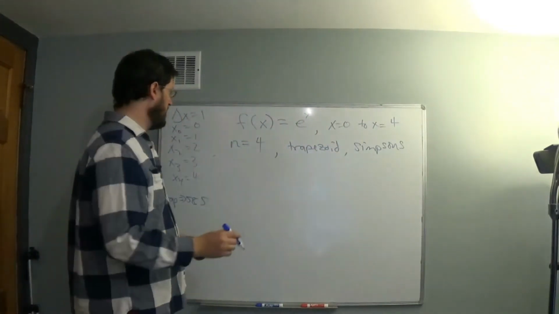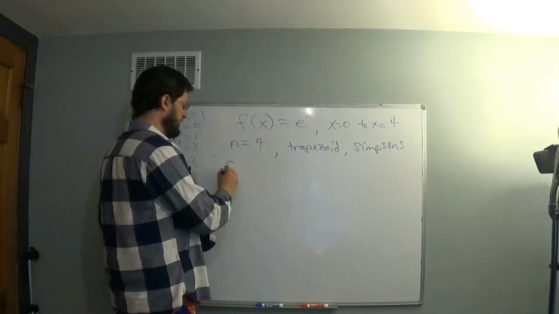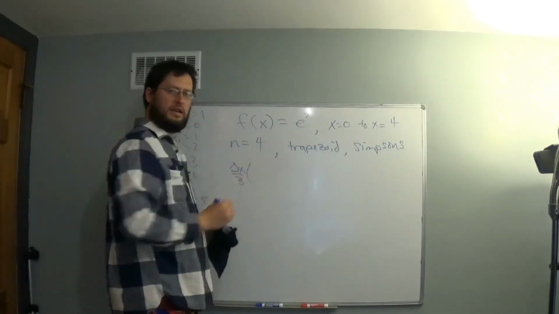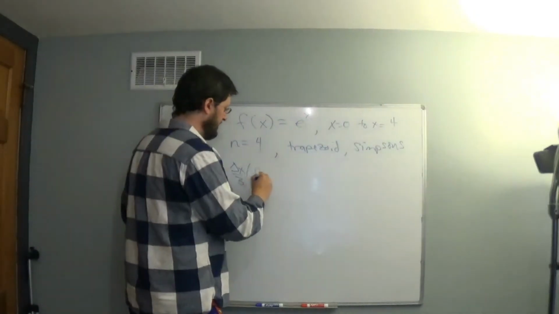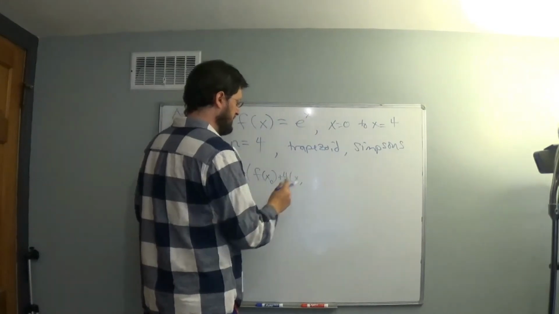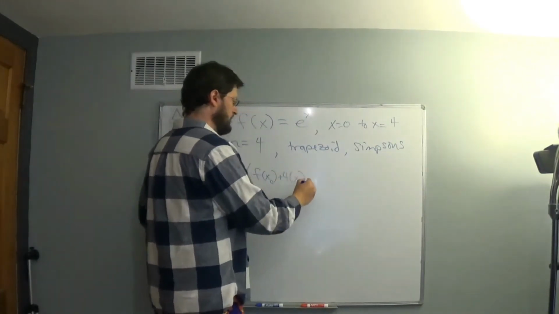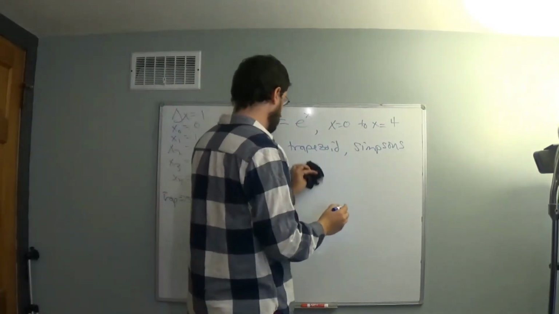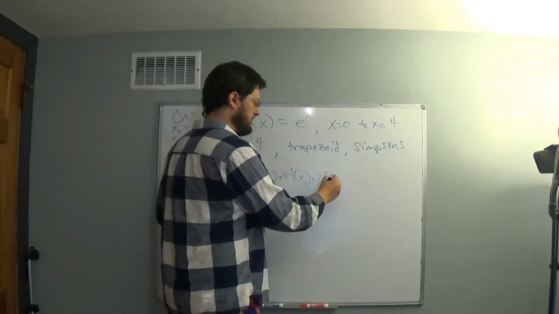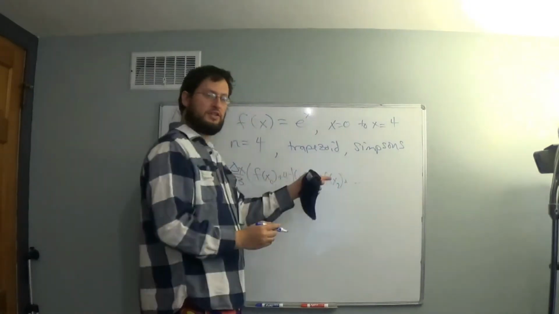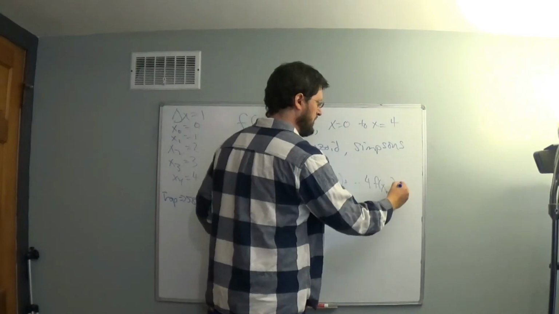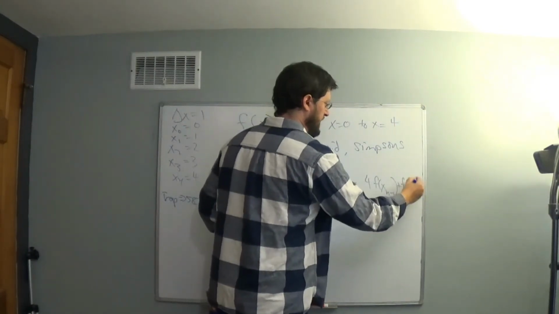For Simpson's rule, our formula is delta x over 3 multiplied by f at x0 plus 4 f at x1 plus 2 f at x2, repeating the 4's and the 2's until we get to 4 f at x n minus 1, plus finally f at x n.